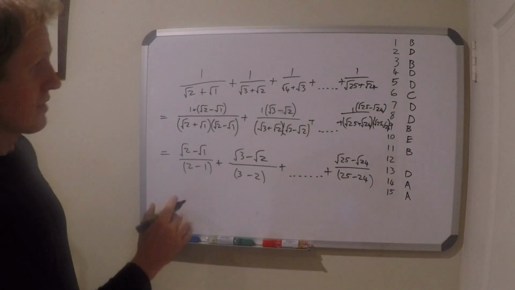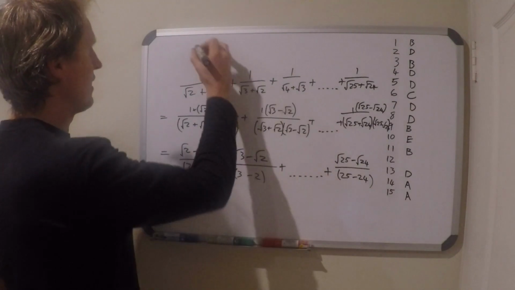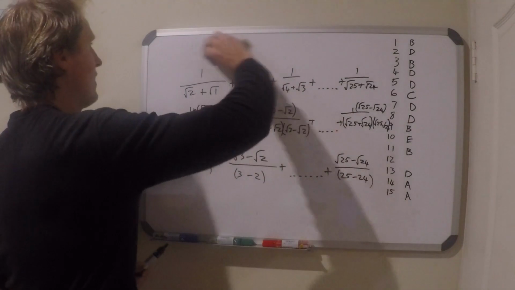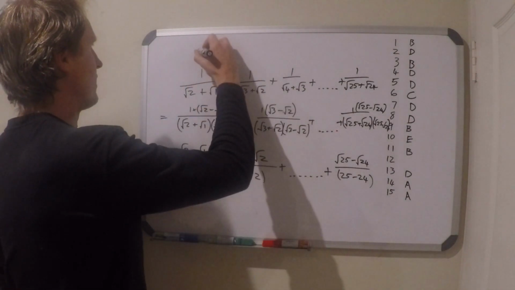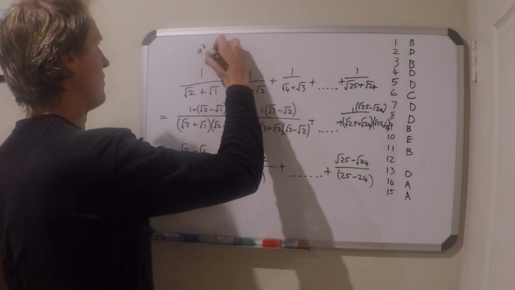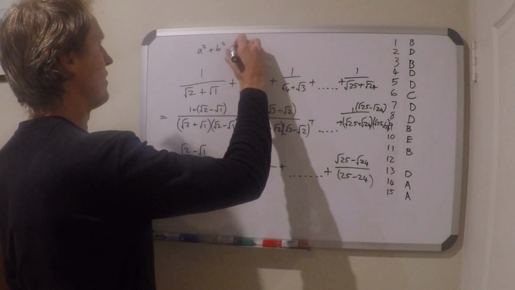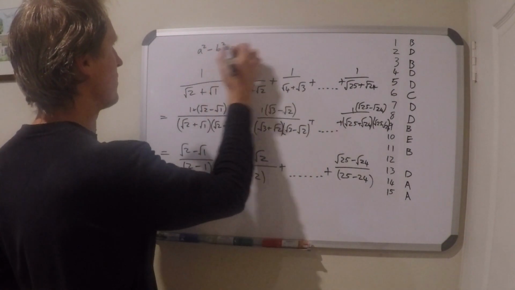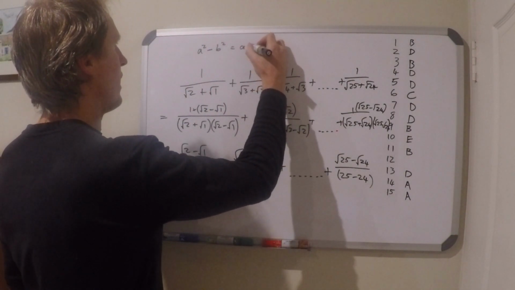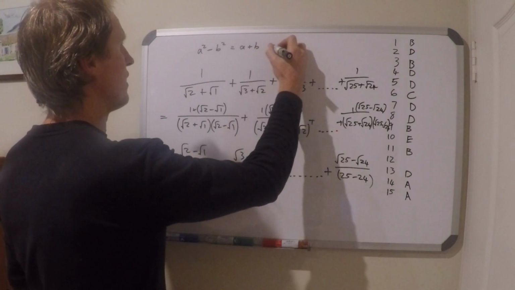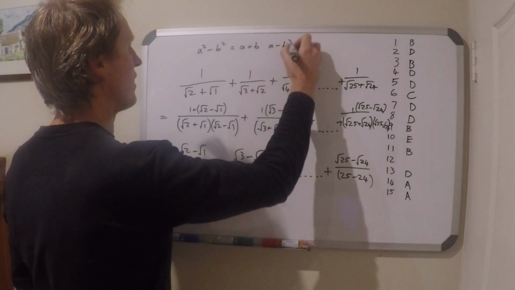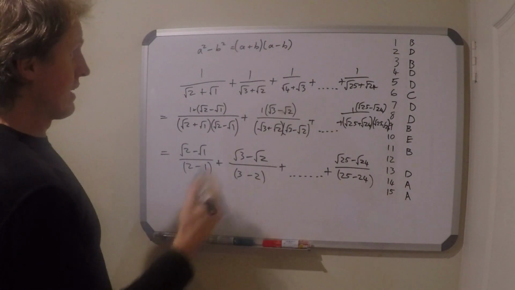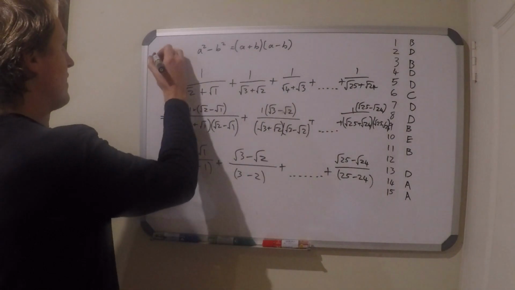I just want to make sure that this is clear. Essentially, let's actually do it like this. What we've got is a squared minus b squared is equal to a plus b times a minus b. Let us just substitute.